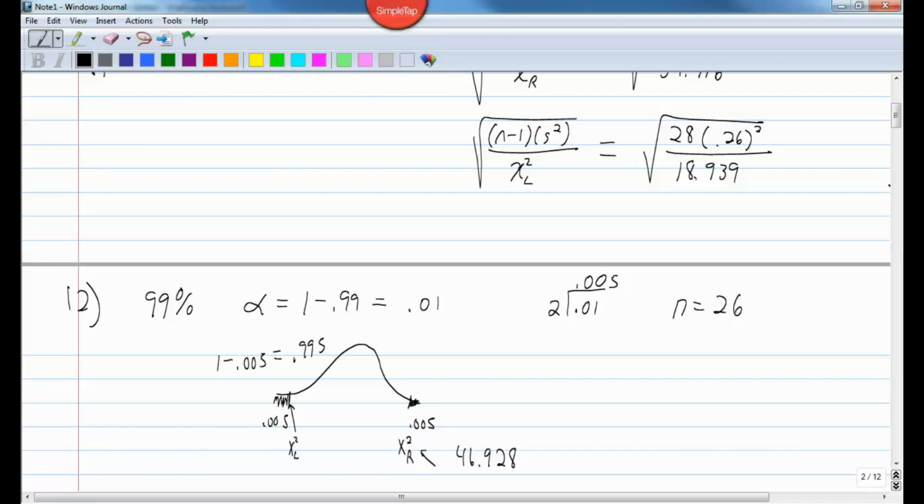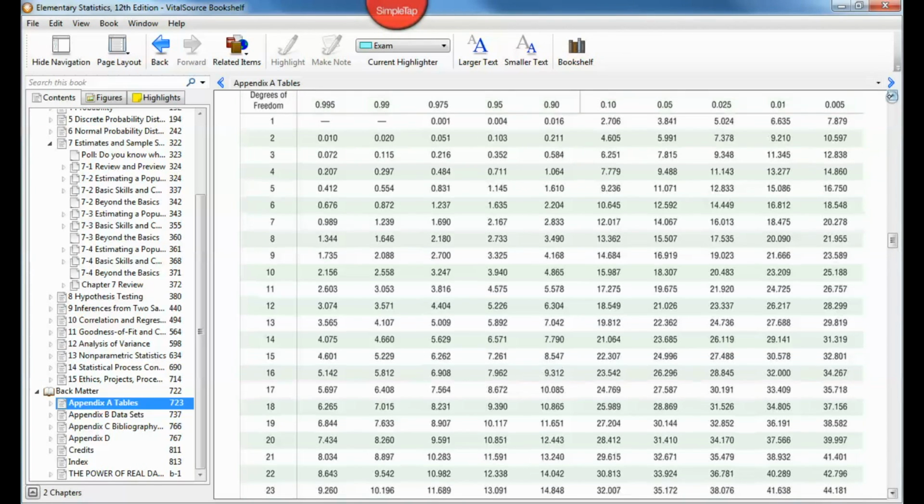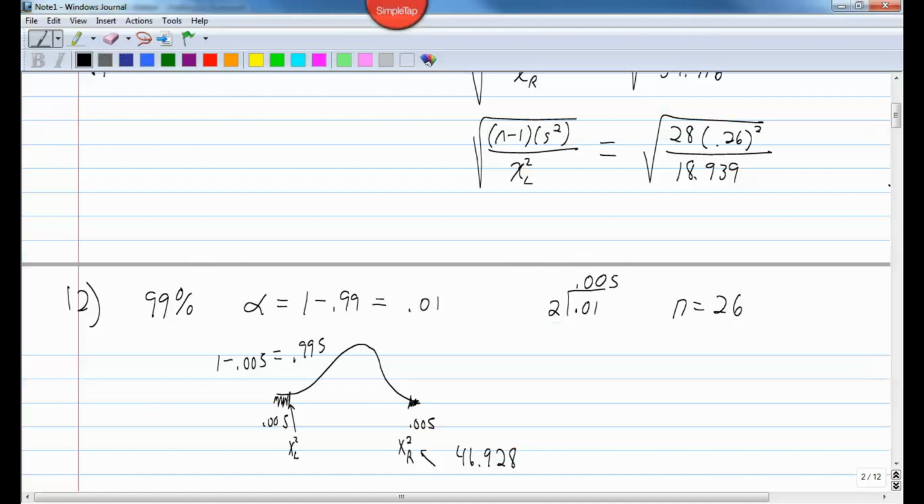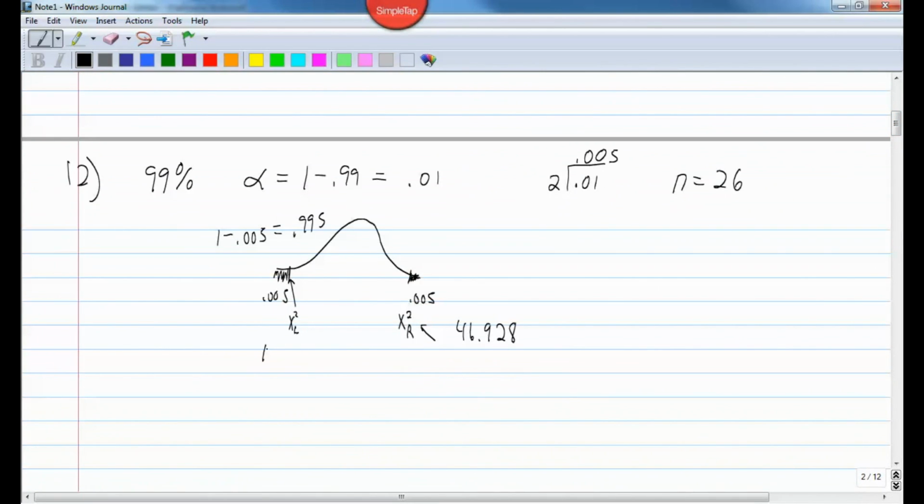Now I need to look for an area of 0.995 to the right. So let's see which column that is, 0.995 to the right, go down to 25. So my left critical value is going to be 10.520. All right, so there are my two critical values.